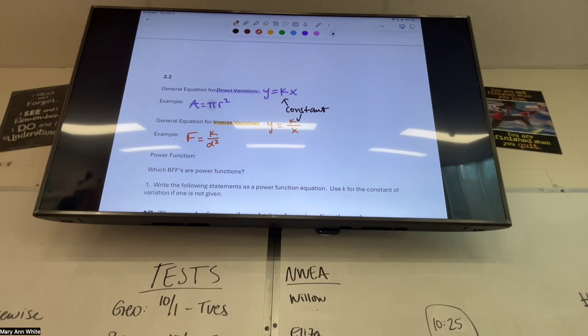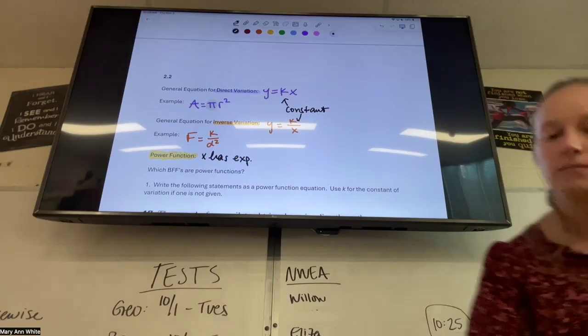So we've got direct variation, inverse variation, and then we've got one other thing that I want to talk about today, which is power functions. And power functions is when we have a function where x is being raised to any exponent. So x has an exponent. I feel like I wrote it as an equation and I don't remember what that equation was last period. Let's see.